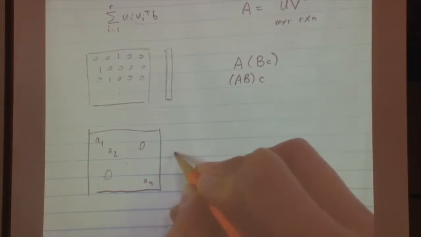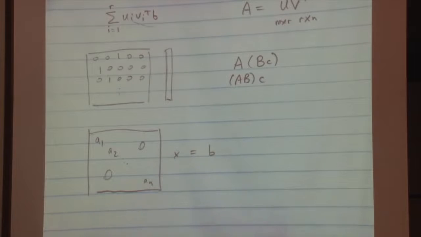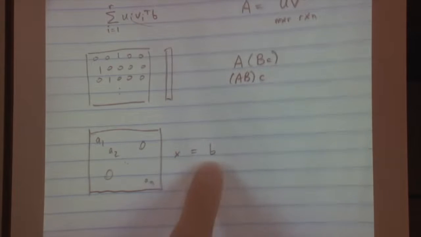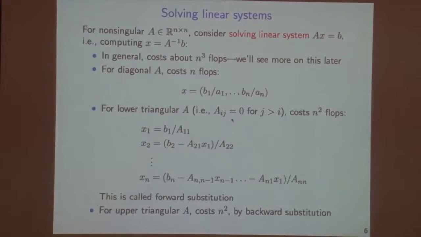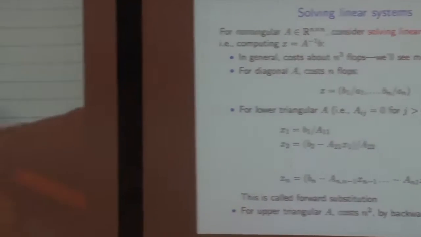Then solving Ax equals b just requires dividing every component of b by the corresponding component of the diagonal. That's just n flops. For a lower triangular A, we do something called back substitution. So lower triangular matrices look like the following.